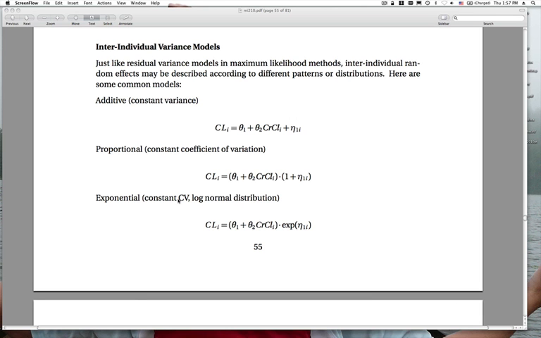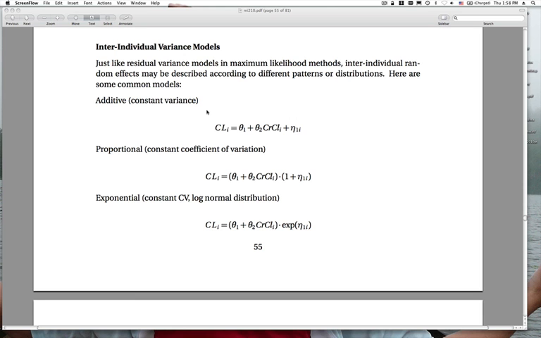Well, we don't have a similar residuals plot on the individual random effect side, but we can model the individual random effects according to different assumptions about their distributions, or different assumptions about the pattern of the variability between subjects.